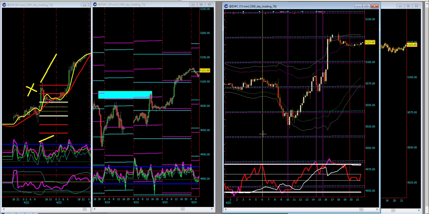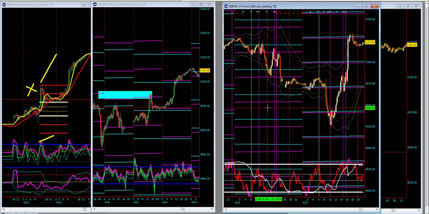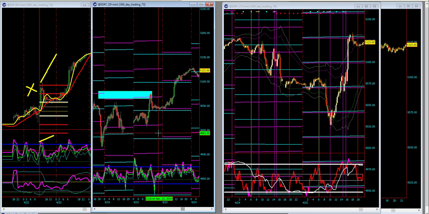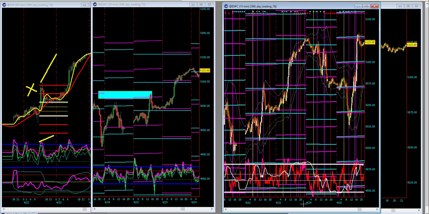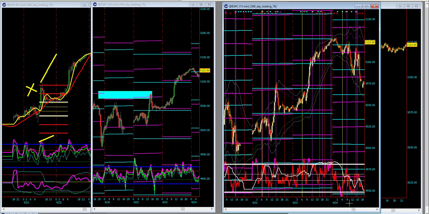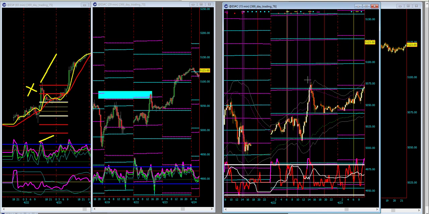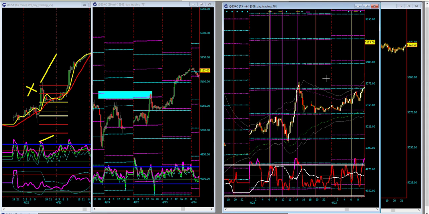Now we're going to travel down. On the 2-minute chart, this is a very interesting phenomenon.